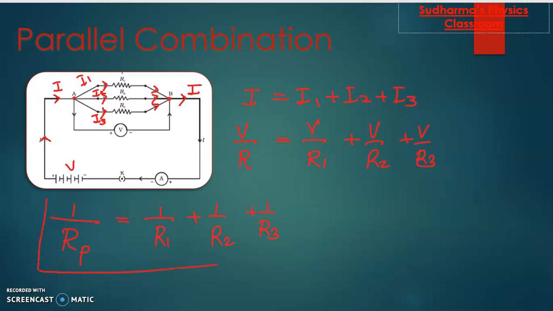Very important formula. So we have already discussed 2 formulae. One is for the series combination. In series combination, we will be using the addition of all those resistors, and in parallel combination we take the reciprocal of the resistors and add it.